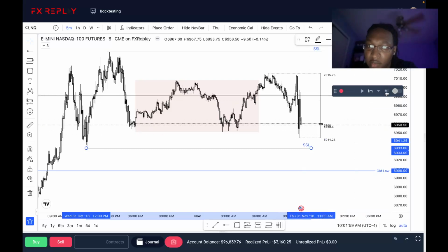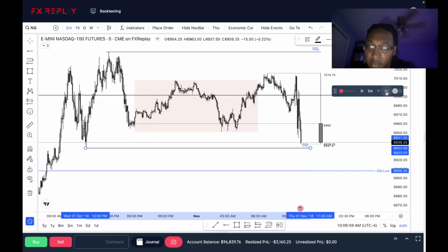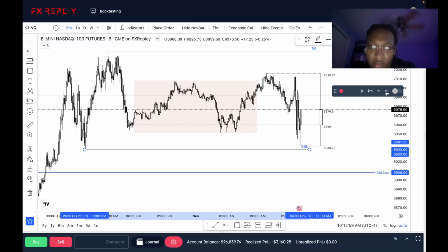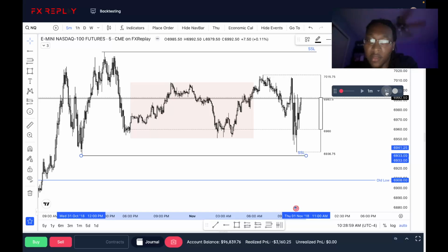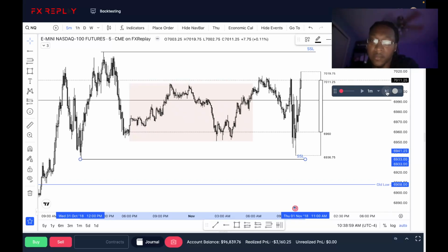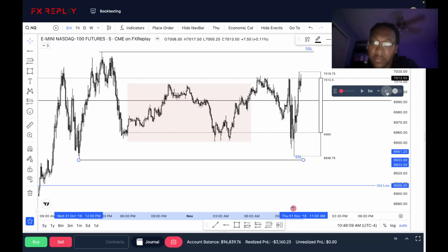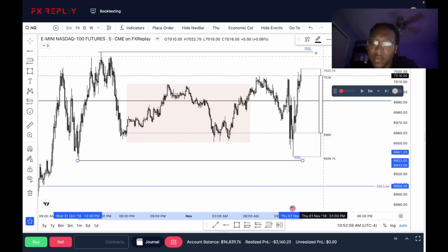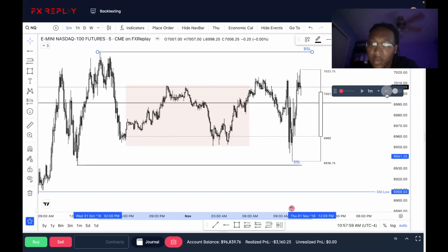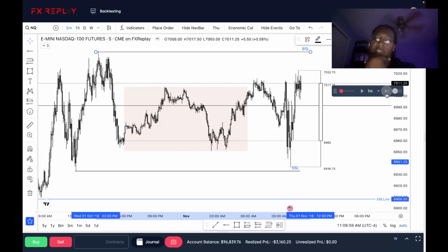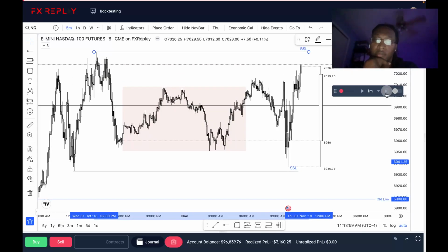Okay, let's see if we run that sell side down there. Nope. Still nothing. No trade yet. This is buy side. Looks like price is just going to push up to buy side liquidity before anything.